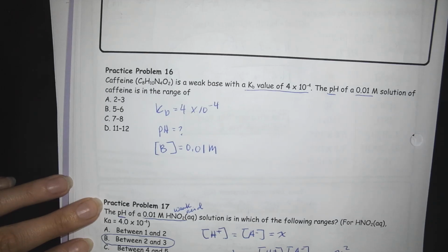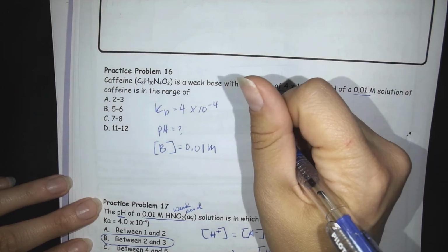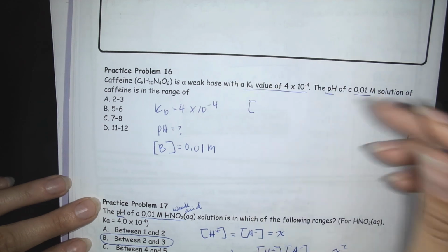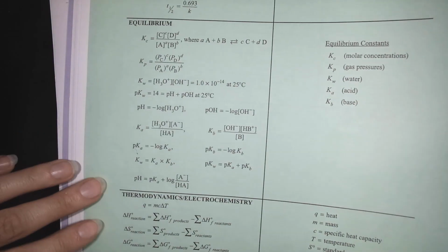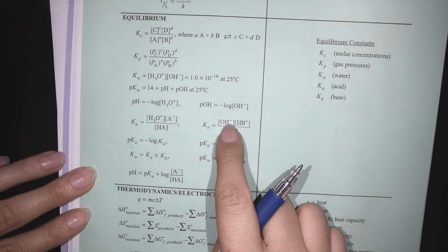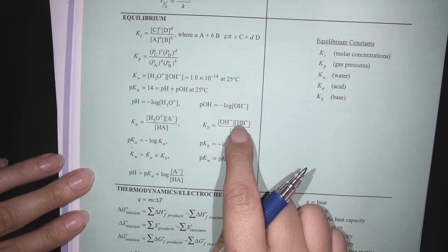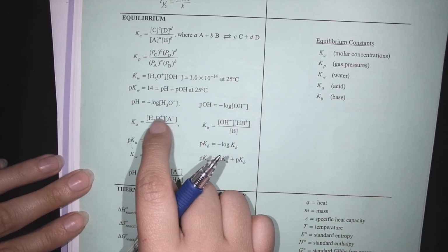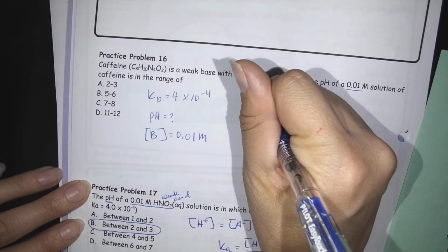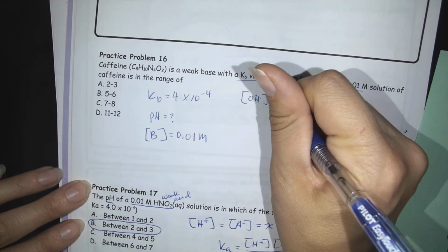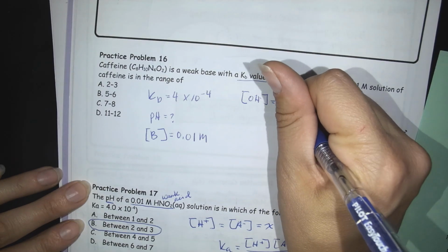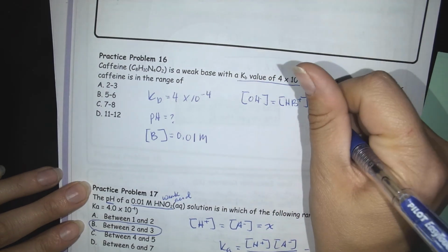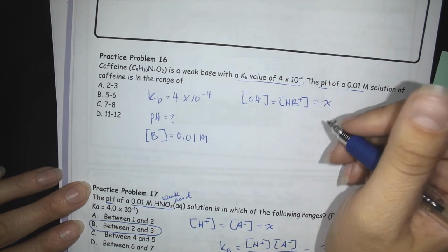All right, so because this is a base, we can say that the items in the numerator, the hydroxide and the conjugate acid, equal each other. Same thing, if it was an acid, we say the items in the numerator equal each other. So the concentration of hydroxide equals the concentration of HB+, which we're going to replace with x.